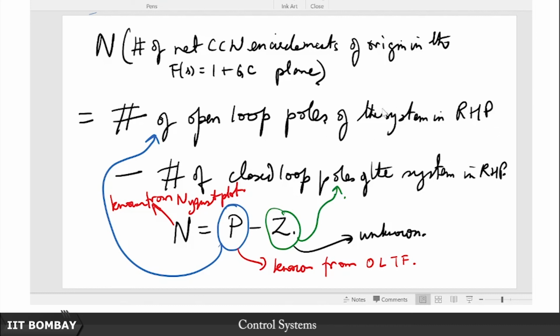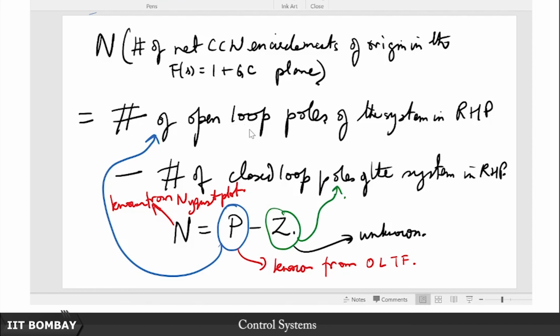If we somehow mistakenly draw this Nyquist contour, this D, through some open loop poles of the system, then does it come under this count? Should it be counted or should it not?